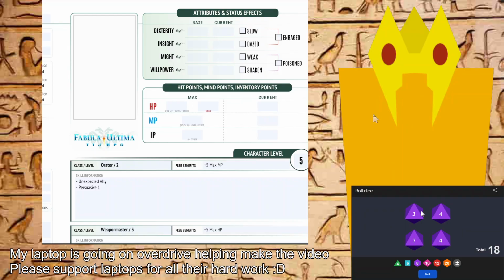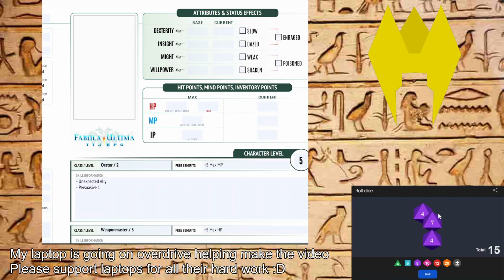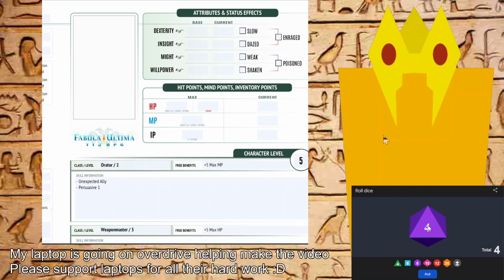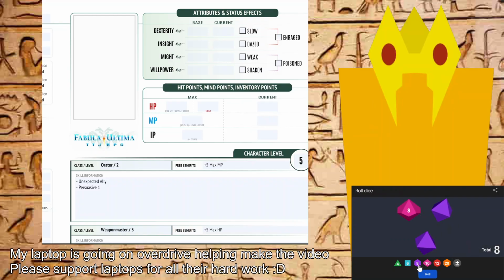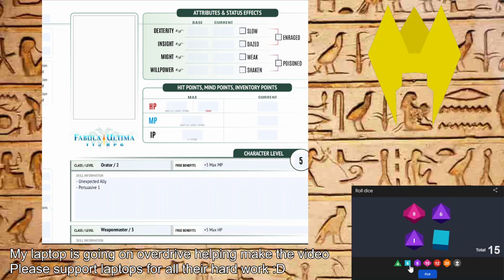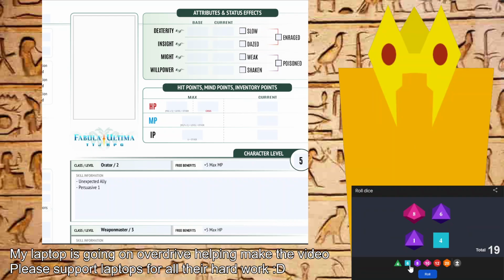Or a d10, 2d8s, and a d6, which is average in this case. Or we can do specialize, which are 2d10s and 2d6s.